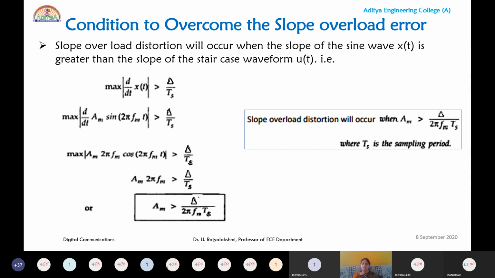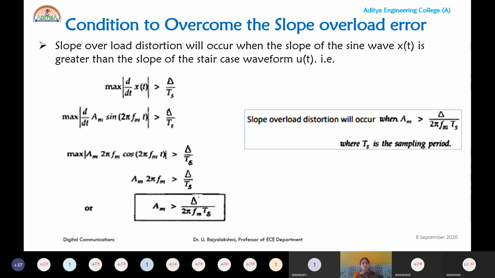What is the maximum value of cos 2 pi fm t? For a cosine signal, what is the maximum magnitude?